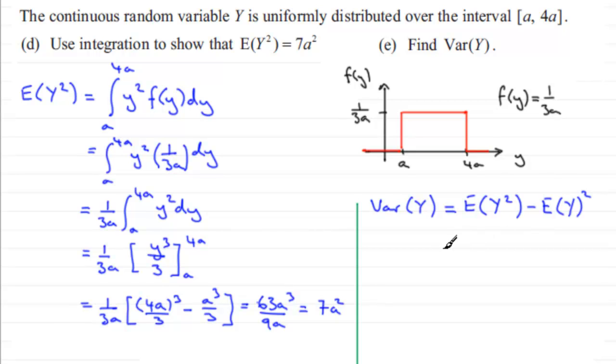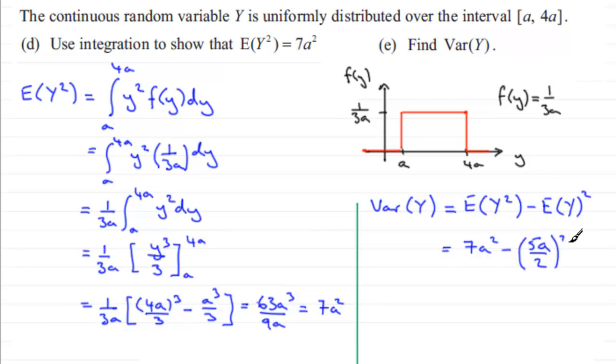We just need to substitute our values in. We've got that E of Y squared is 7a squared, and E of Y is the value in the middle here. To get that, we simply add our two values together and divide by 2. So that's a plus 4a, which is 5a, divided by 2, and we've got to square that.